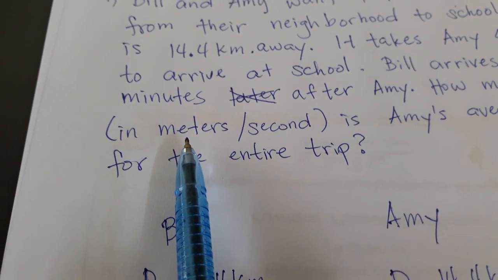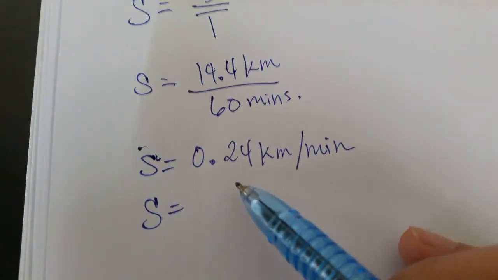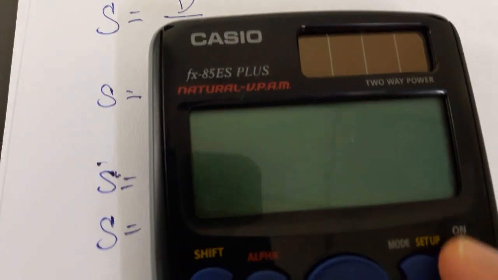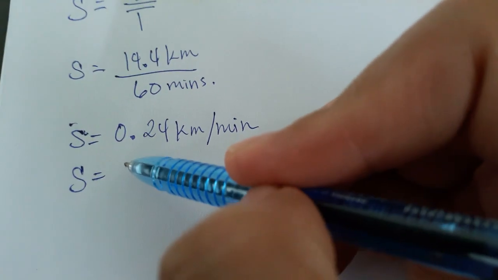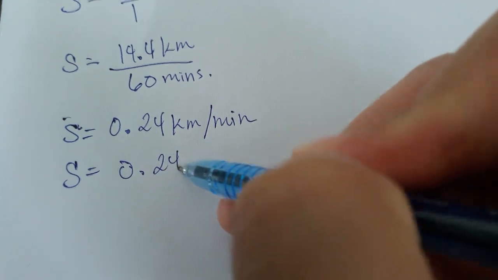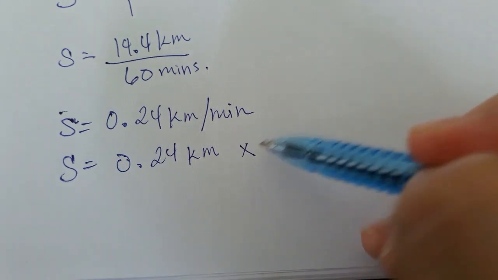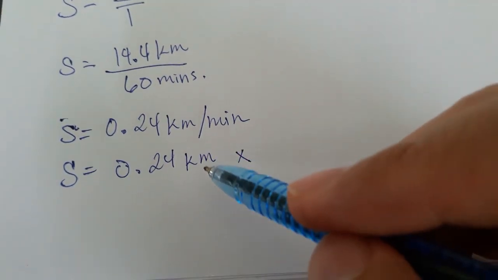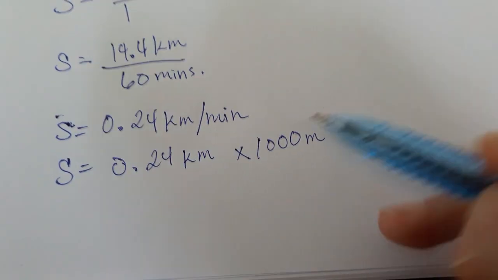Now, if you want to convert it to meters per second, that's fine. So 0.24, we have to multiply it by how many? Let's multiply 0.24 kilometers by, in 1 kilometer there are 1000 meters, right?